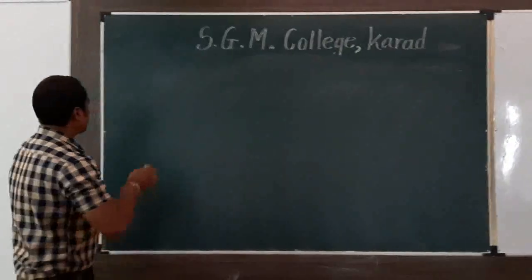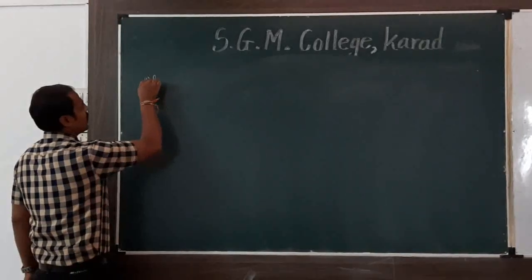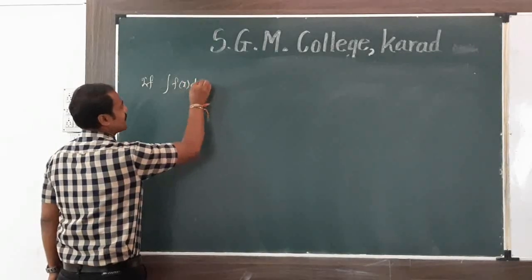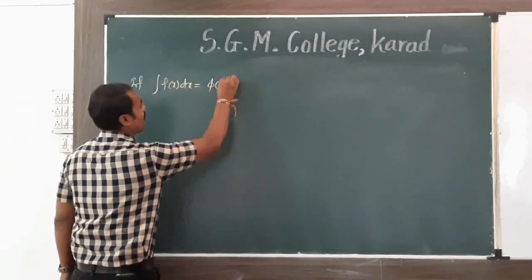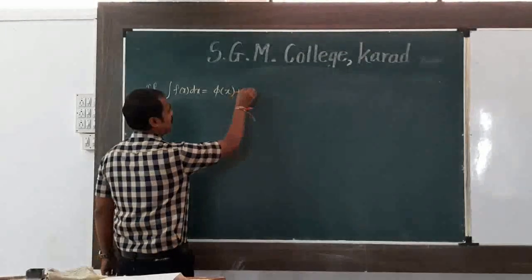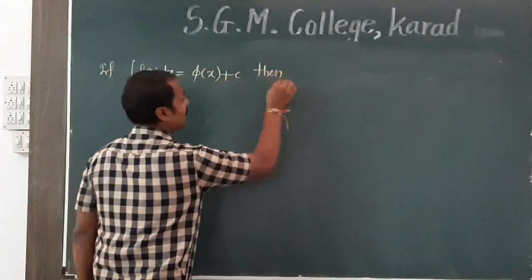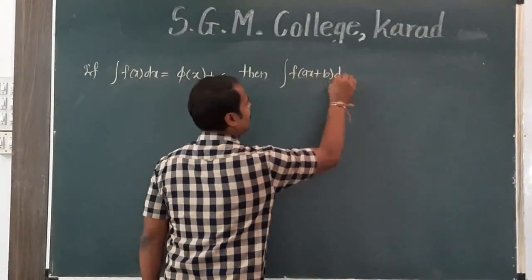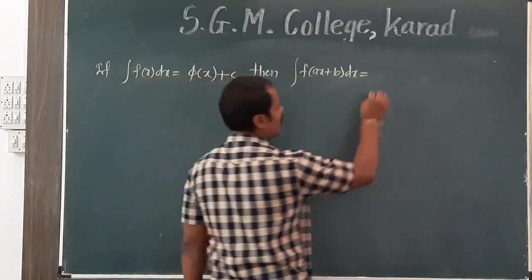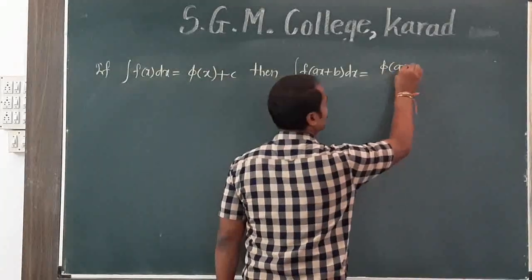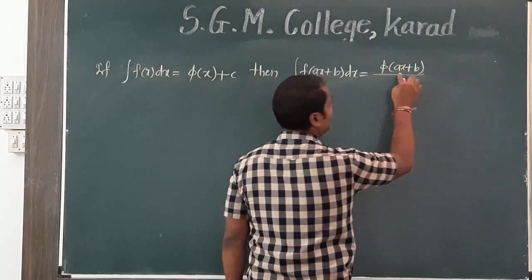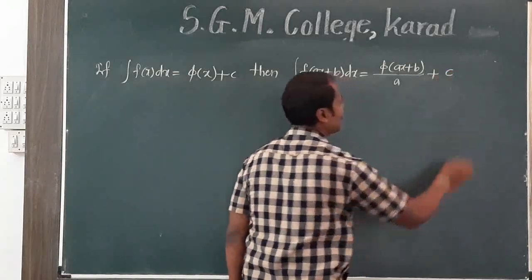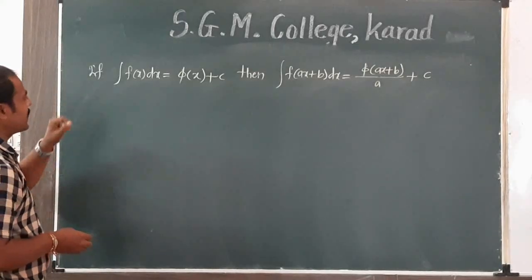The corollary is: if integration of f of x dx is equal to phi of x plus c, then integration of f of ax plus b dx is equal to phi of ax plus b divided by the coefficient of x, that is a, plus constant of integration c. Some formulas on that corollary.